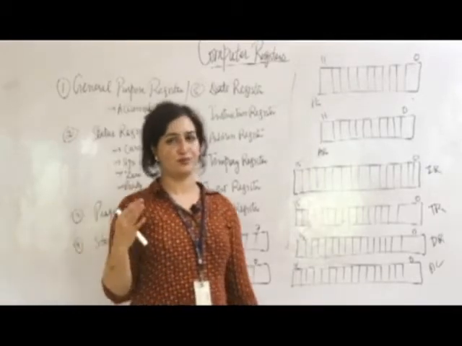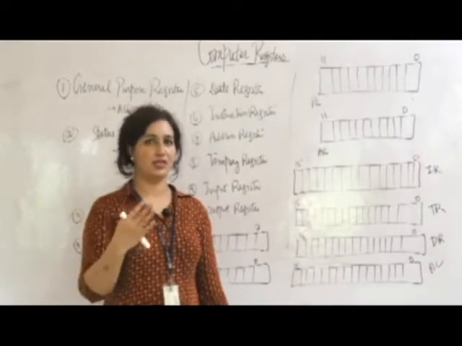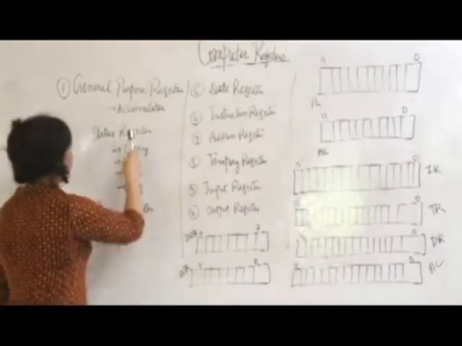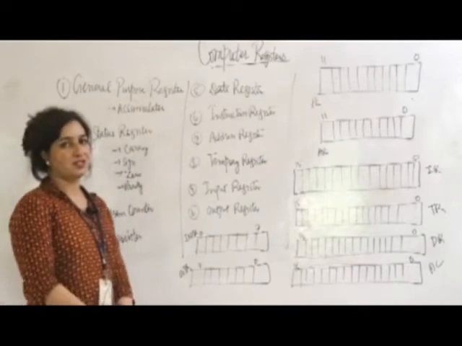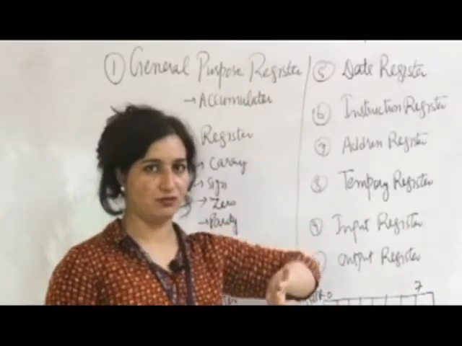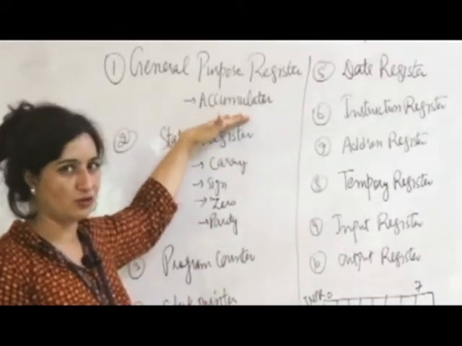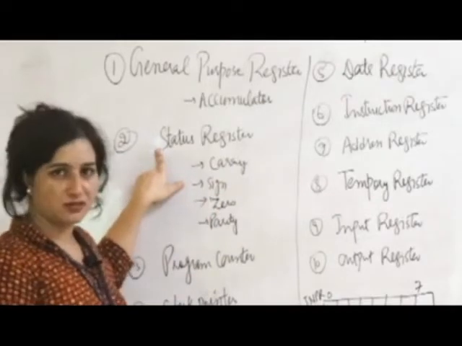So there are different types of registers which are used in processing. Like you can see here, different types of registers. The first is the general purpose register, and the part of the general purpose register is the accumulator register. Only the accumulator is there. Next is the status register.